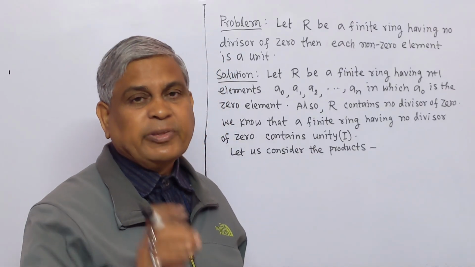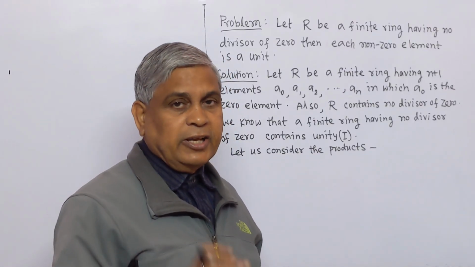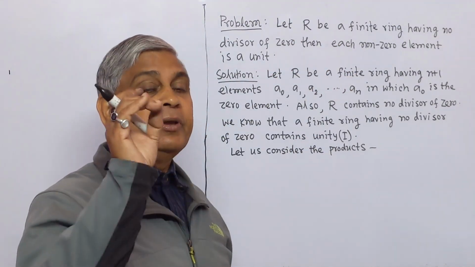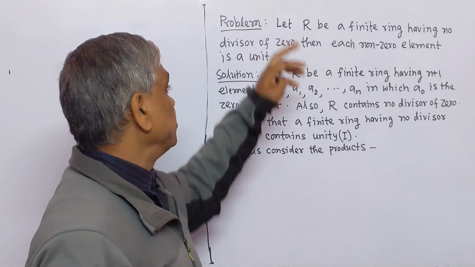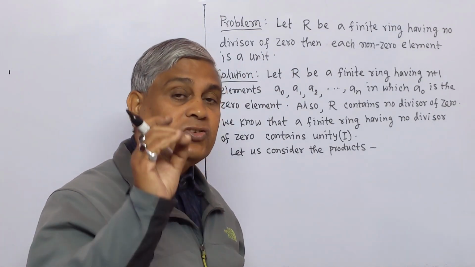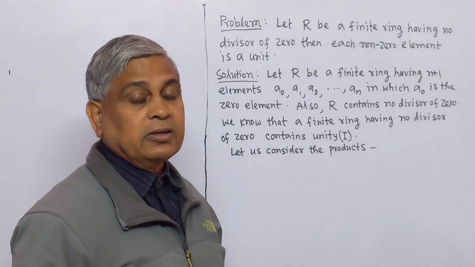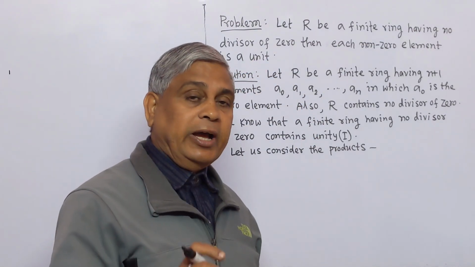Now we solve the next problem. The next problem is: let R be a finite ring having no divisor of 0, then each non-zero element is a unit. Now we have to solve this.